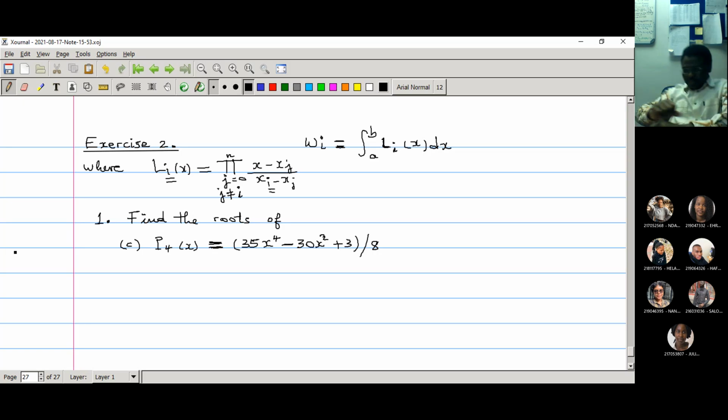Okay, is there anybody who is finished? I want your contributions. Who is finished? If you computed the root, can you share with us?